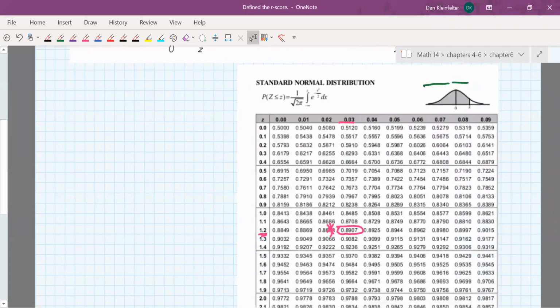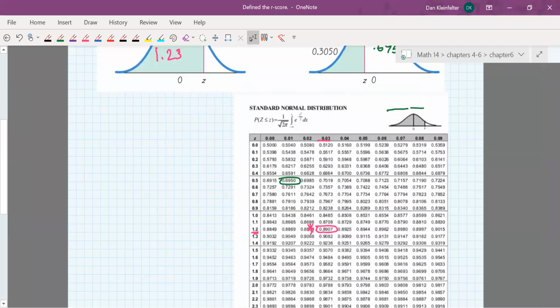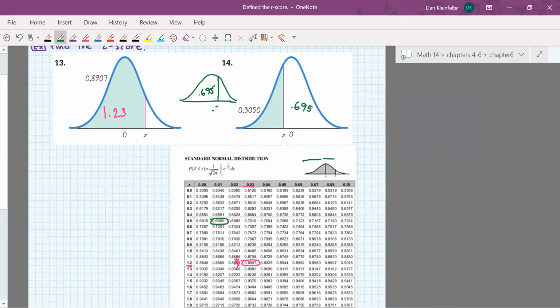So 0.695 looks like right there, 0.51. That's positive 0.51. So then for the actual question in number 14, it will be negative 0.51.